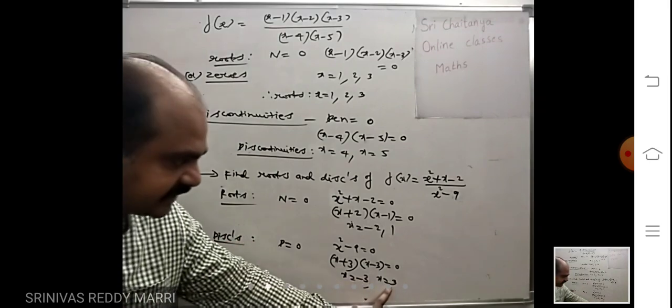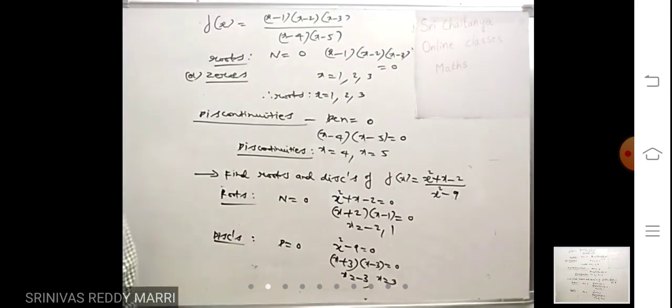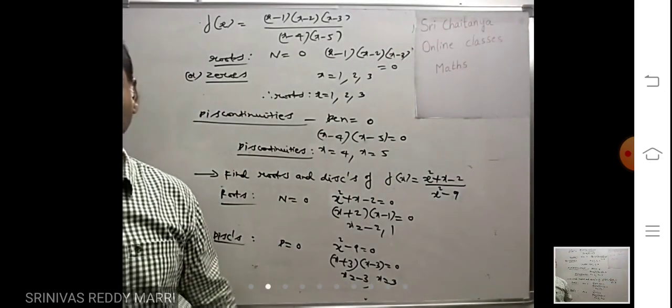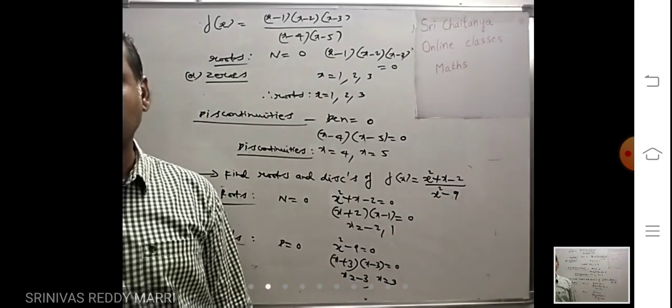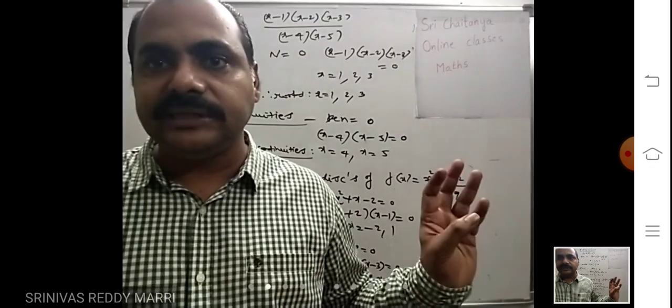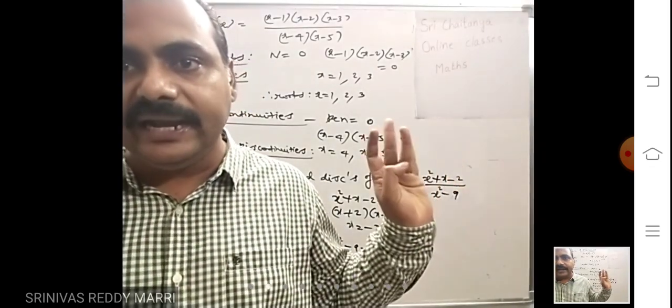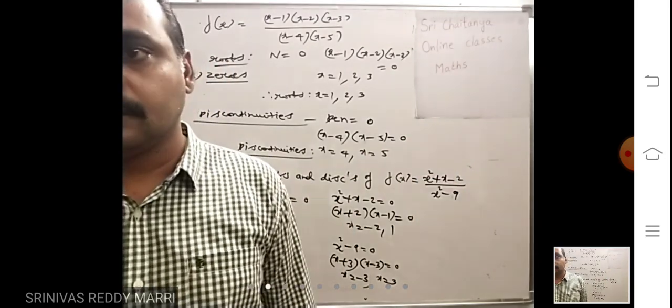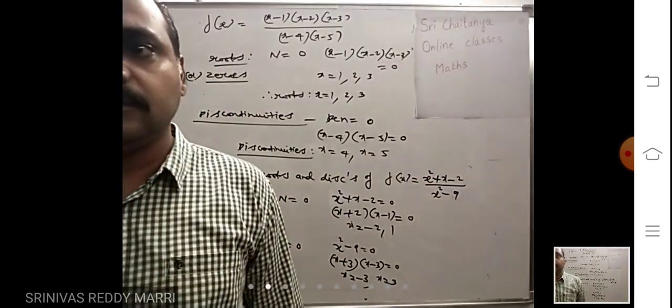These are the points where it will become infinity, as the denominator is 0. For any expression given, for finding roots, equate the numerator to 0. For finding discontinuities, equate the denominator to 0.